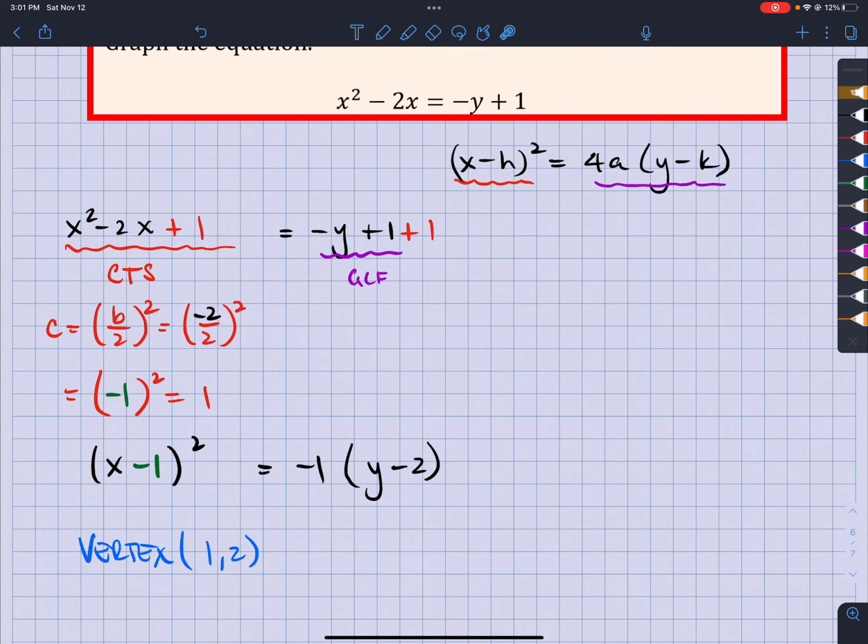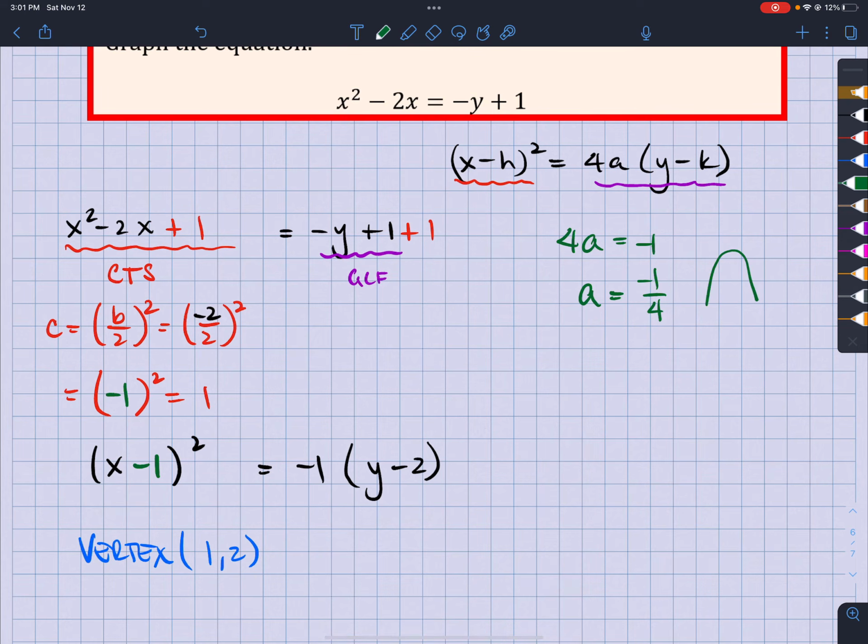Well, I don't even need to because I can see that this is going to be facing down as well. So 4A is going to equal that -1 because that's the only thing in front of this parentheses. That means my A is going to equal -1/4. So definitely going to be facing down, okay?